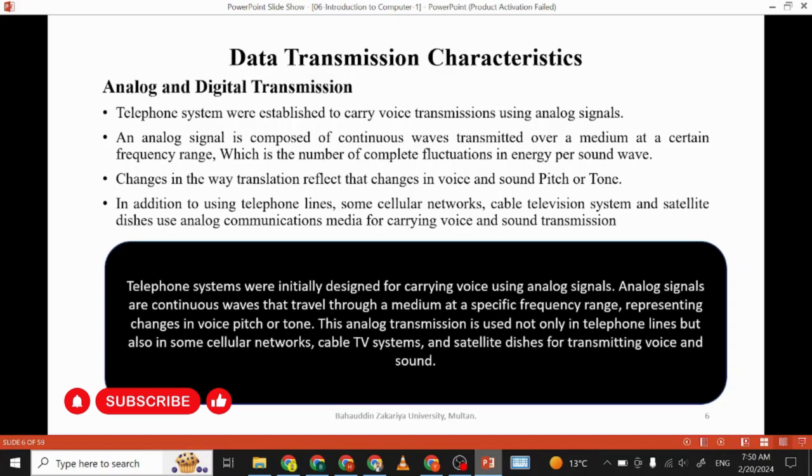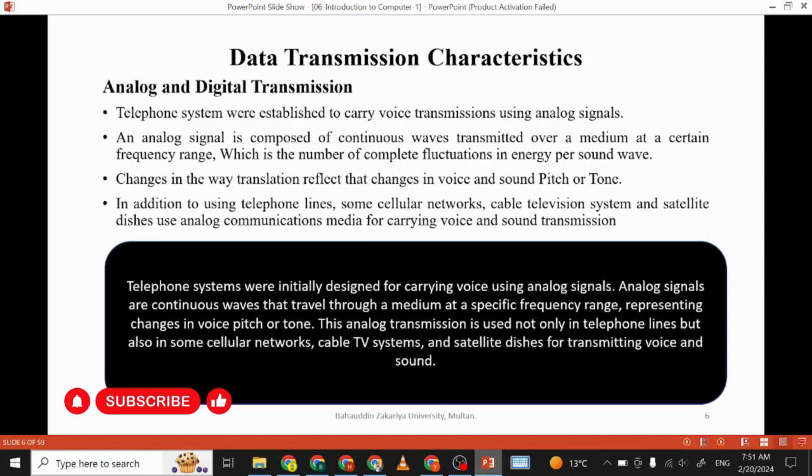Changes in the waves reflect changes in voice and sound, pitch, or tone. In addition to telephone lines, some cellular networks, cable television systems, and satellite dishes use analog communications media for carrying voice and sound transmission.